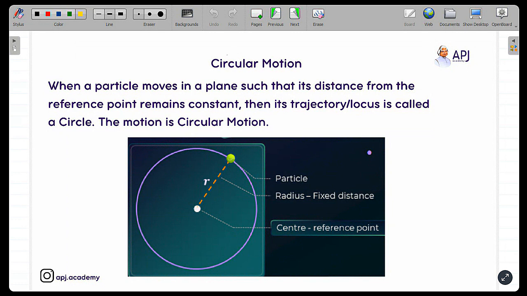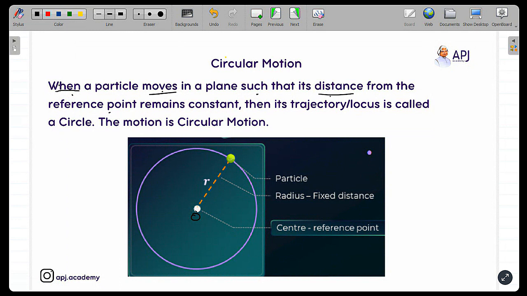A particle is moving in a plane such that its distance from the reference point, this is the reference point, center O, remains constant.